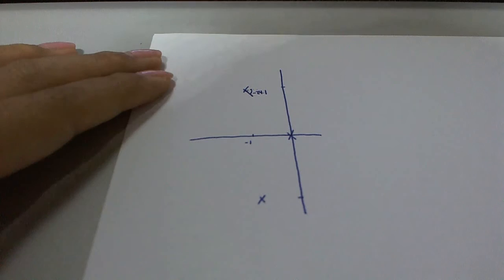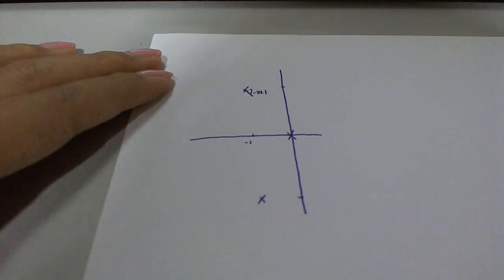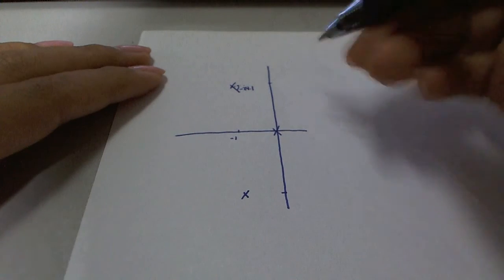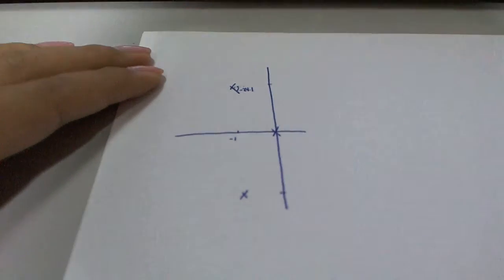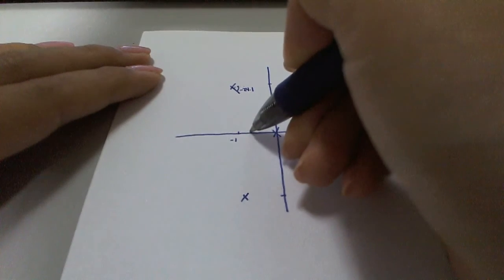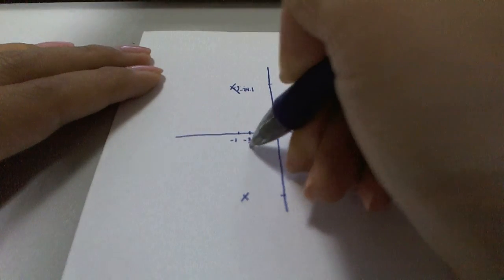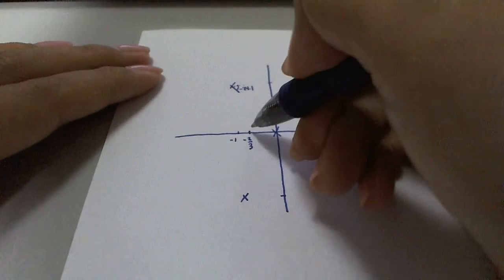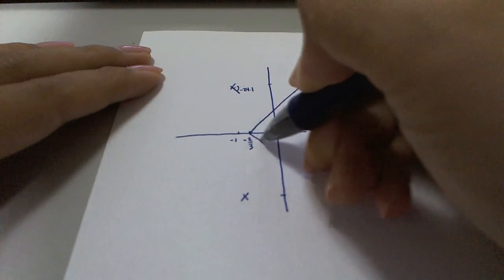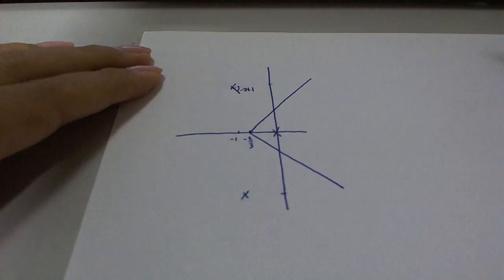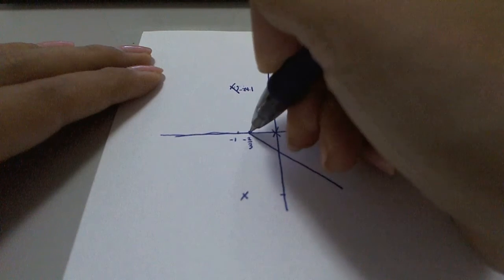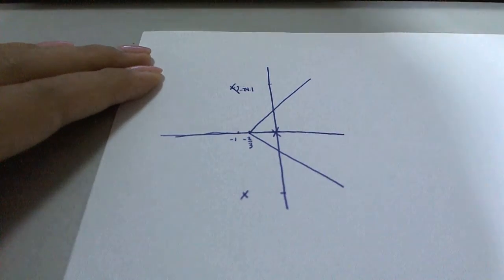And next we found the asymptotes, which have angles of plus minus 60 degrees and 180 degrees, and they intersect at minus 2/3. So this is where the asymptotes intersect each other, and from this point we draw plus minus 60 degrees and 180 degrees. So these are our asymptotes.